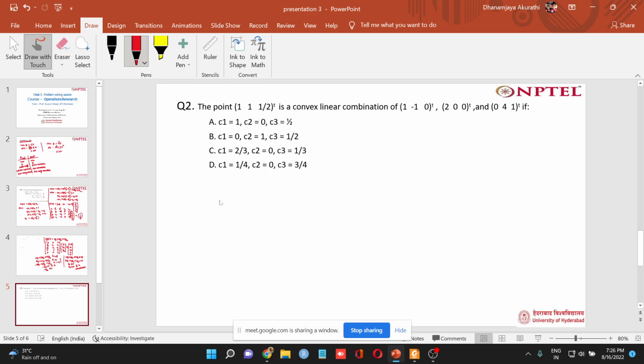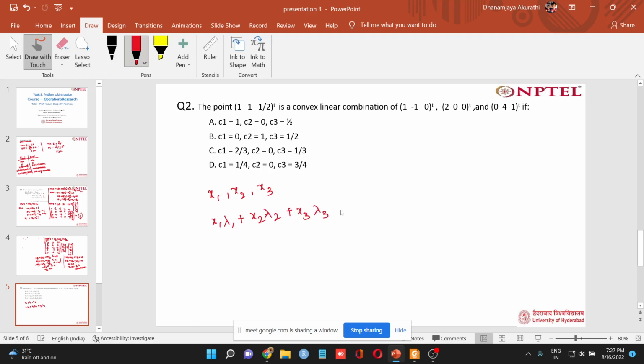A convex linear combination means that if we consider points from any set, let us suppose x1, x2 and x3 are 3 points, then we have to show that x1 lambda 1 plus x2 lambda 2 plus x3 lambda 3 is a convex linear combination.